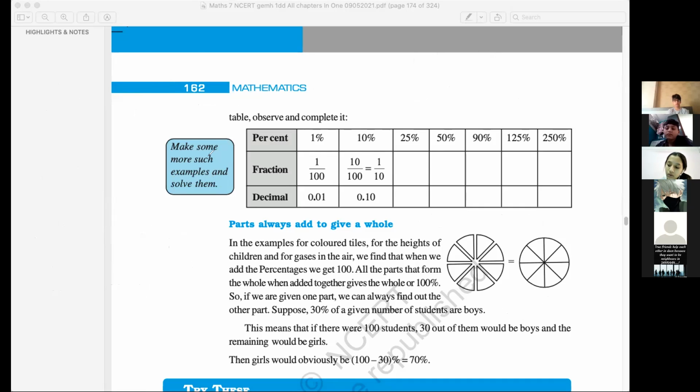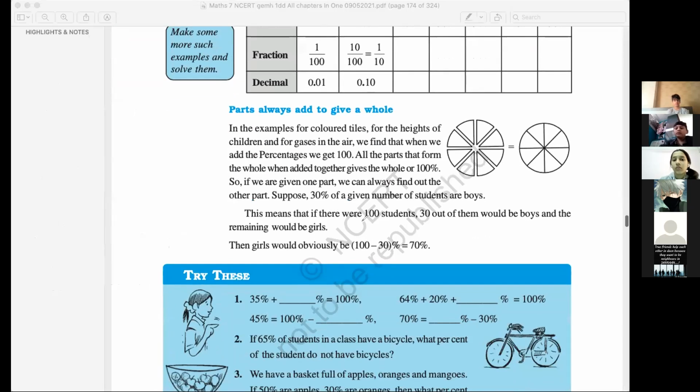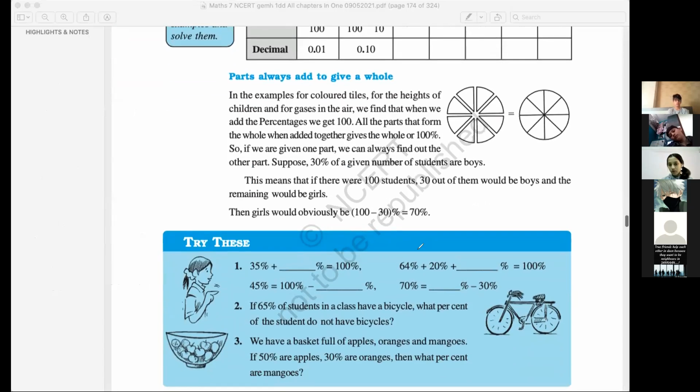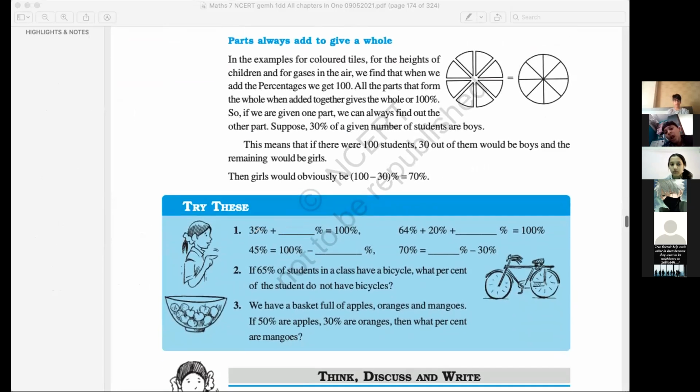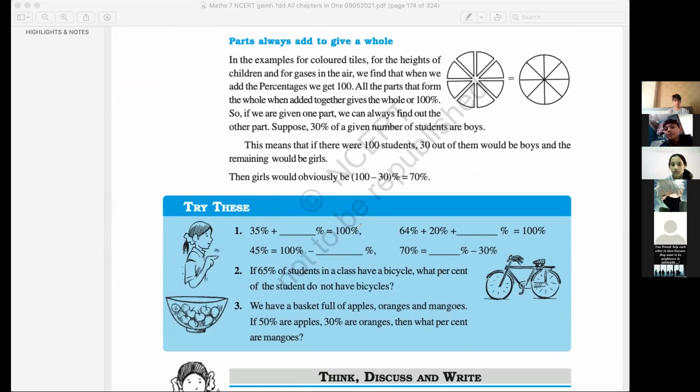Now when you have two things, like 35% plus dash percent is equal to 100%. So 100 minus 35 you will do, how much is that? 65%. Yes.